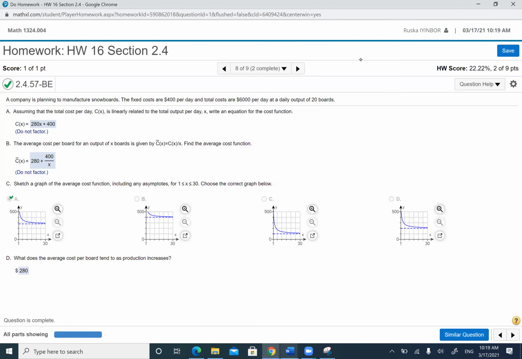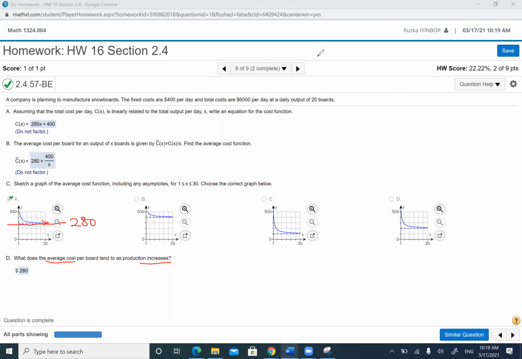Let me just explain that. Looking at the graph, when the production increases, that means the graph goes to infinity, and the average cost is going to go close to this line, which is 280. Make sense?